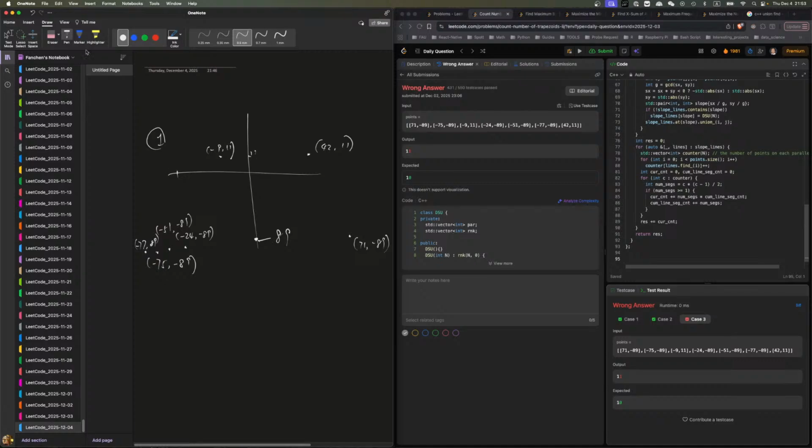Huh? 15. Oh, hold on. This one doesn't count. We don't have this one. My bad. So that's just 1, 2, 3, 4, 5. So 5 is 10, right? So I have 10 here. So it should be 10.